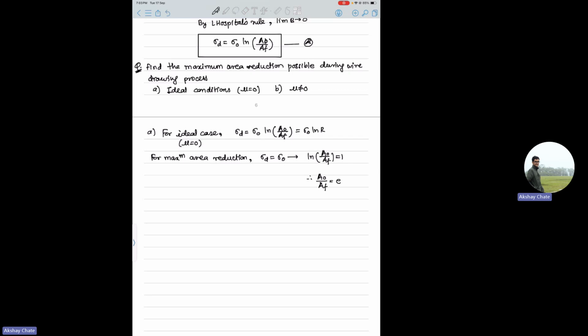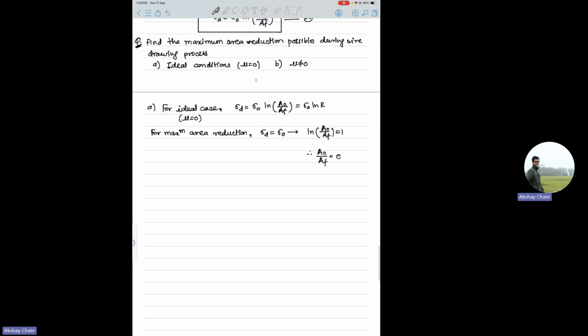So basically your final area will be A naught by e. And this e is a standard number, right? The e value is 2.718. So your final area will be A naught by 2.718.